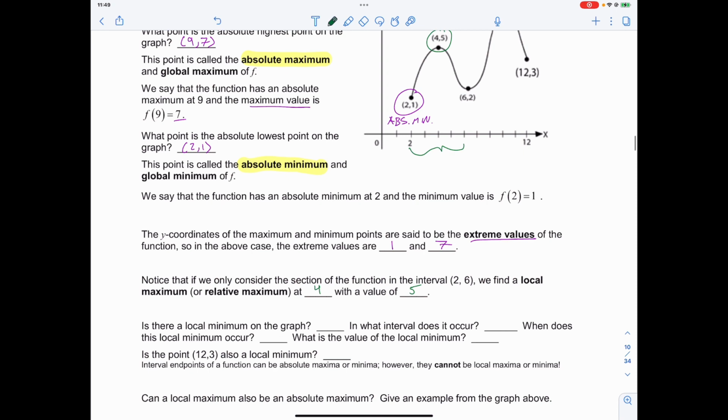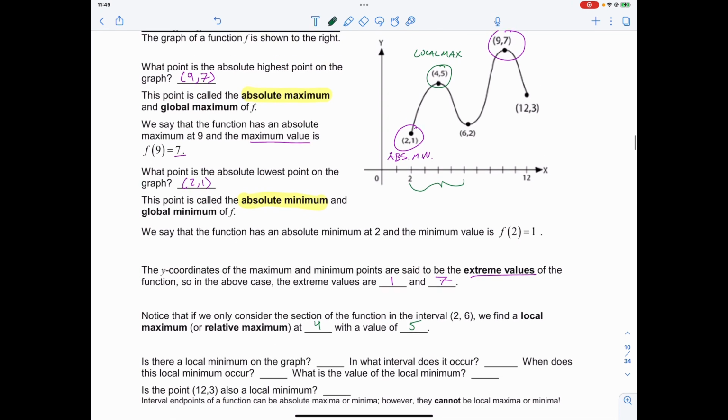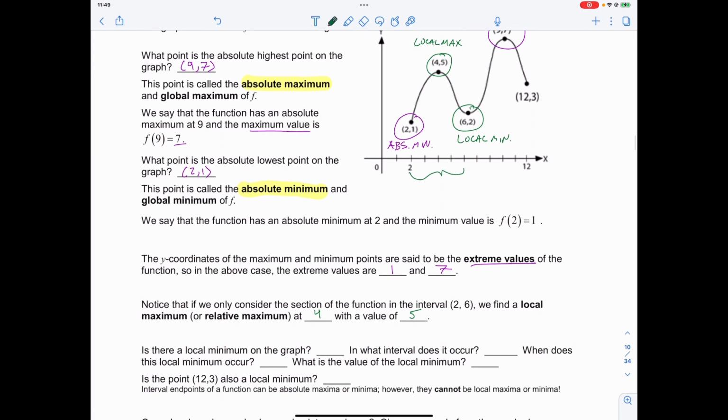When it says, is there a local minimum on the graph and in what interval does it occur? Well, there's another minimum point that we can see here, at the point of 6 and 2.